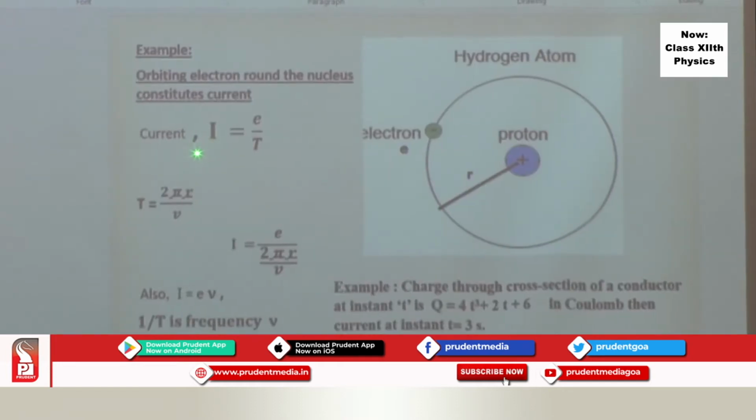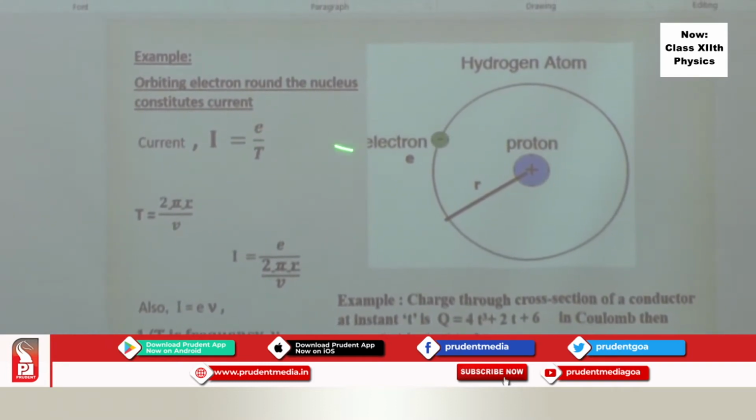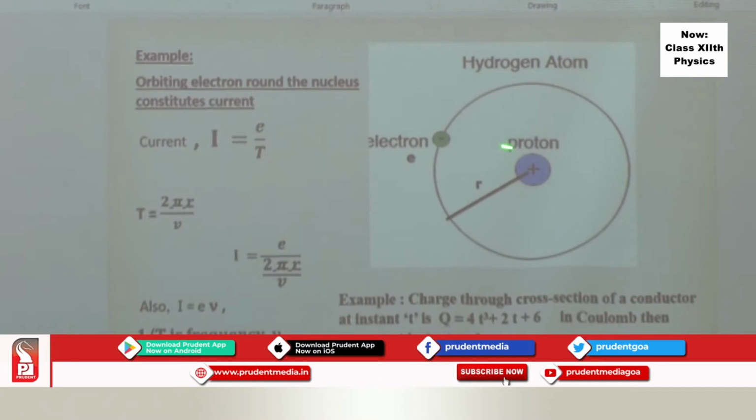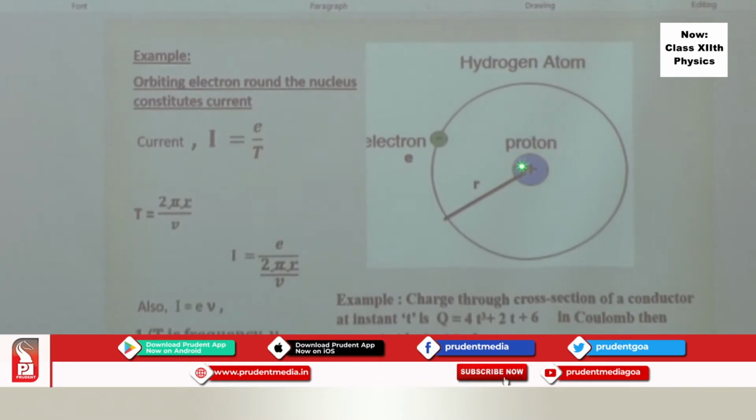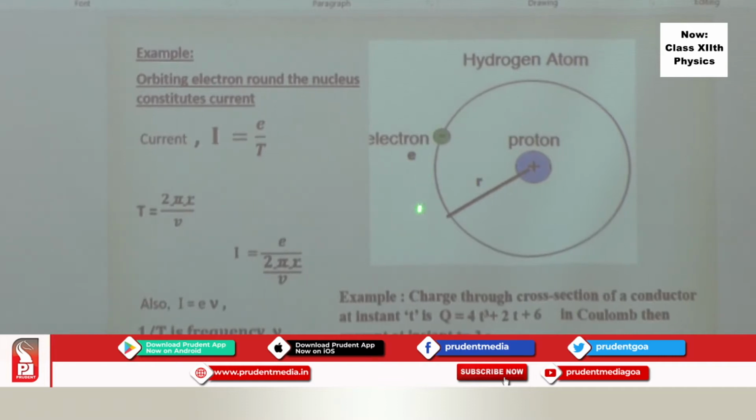So I straight away use the formula, current is equal to charge upon time. Charge of the electron is e. It is orbiting about a radius r. A centrally located proton is there, in the nucleus, and this is the hydrogen atom example I have taken. If you take 1/T as frequency, the current will be charge times frequency.